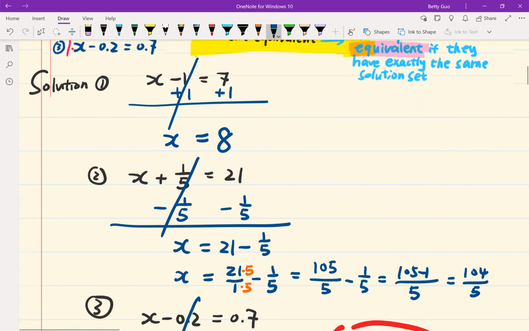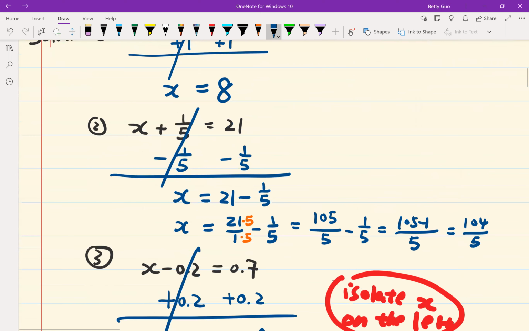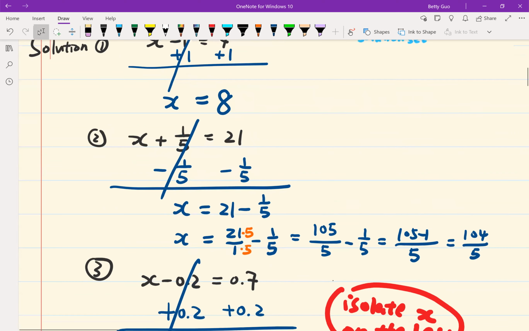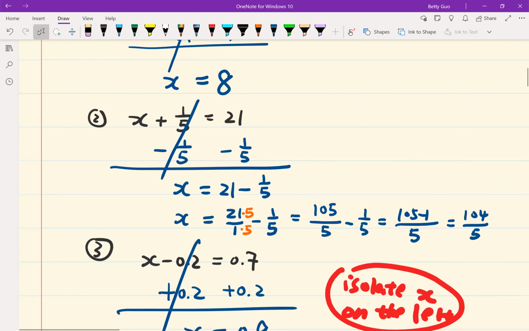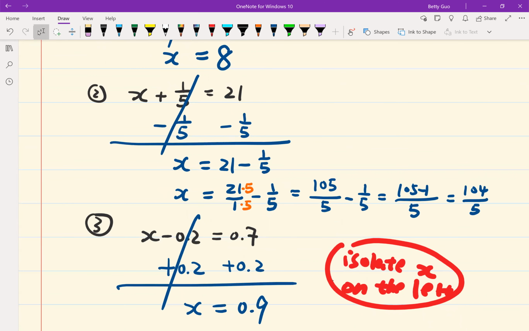So basically, you just add the opposite of the number you want to get rid of to both sides of the equation to isolate the x. In this example, all three equations have the same pattern. So, too easy?